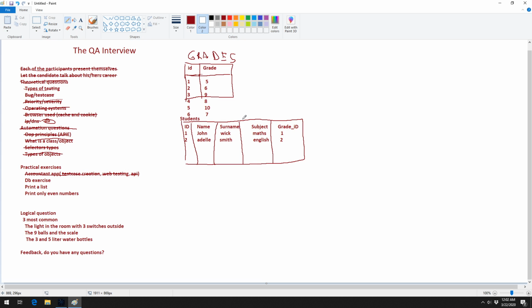The primary key is a unique key for a table, and the foreign key is the key from a table that maps a primary key from a different table. In this case, if you look in the students table, we have a grade ID, because here we don't have grades, and this grade ID is mapped to grade ID from here. So John Wick in subject maths has grade 5.